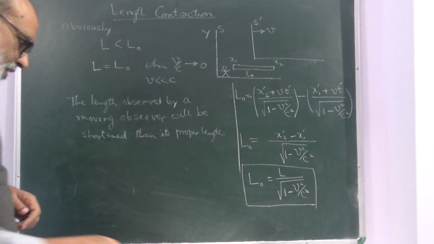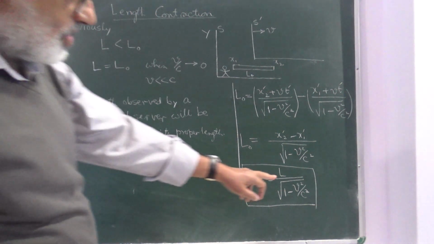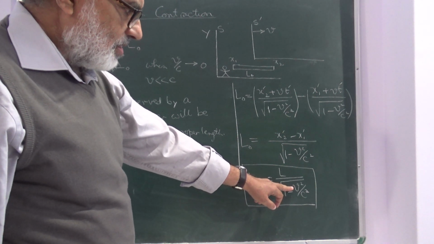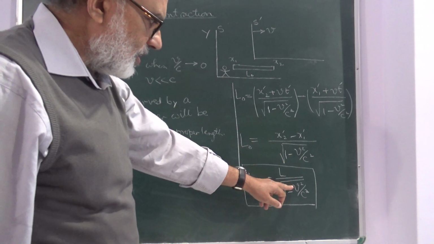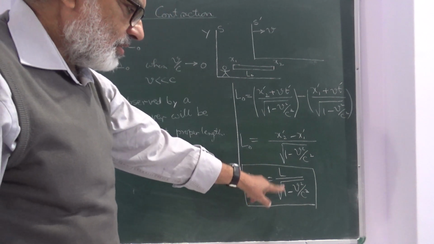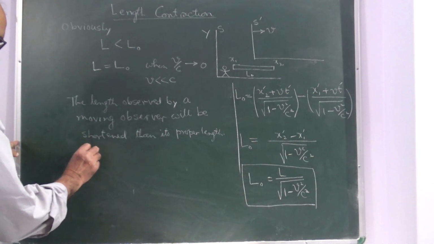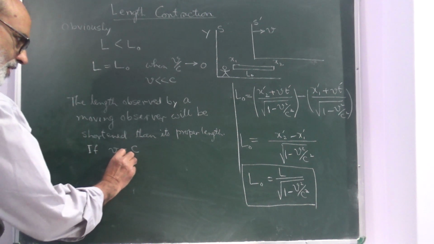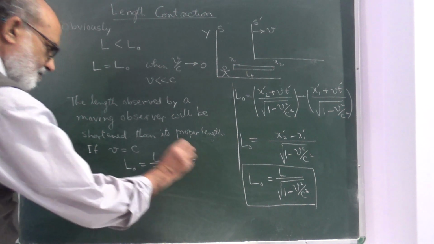And this contraction will be more as V increases; the length will be still more shortened. If we take V equal to C, then L naught is equal to L by 0, which is infinite.